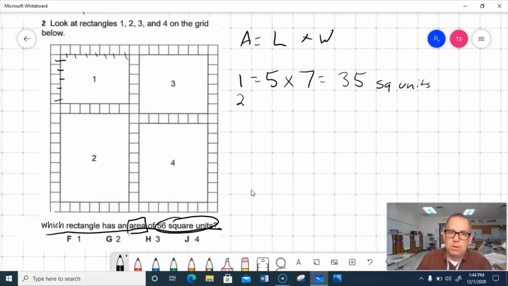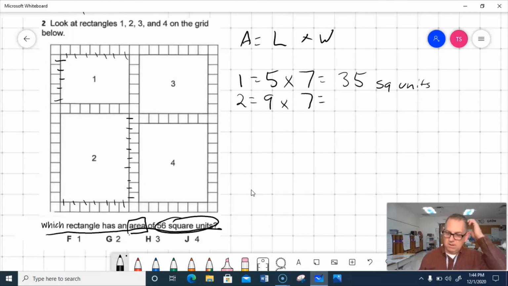Rectangle 2. What is the length and width of rectangle 2? Yep, that's correct. It is 1, 2, 3, 4, 5, 6, 7, 8, and 9. So it's 9 by 1, 2, 3, 4, 5, 6, 7.